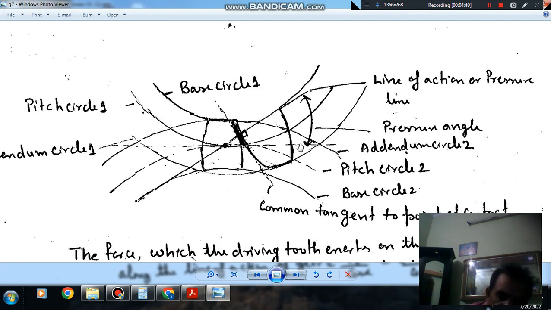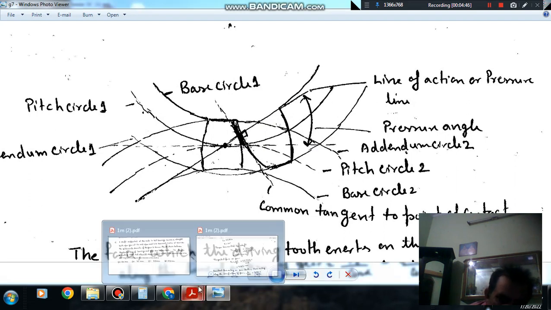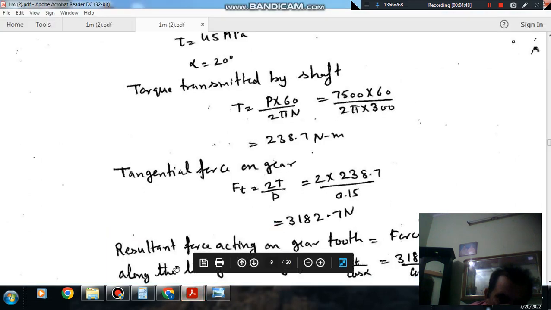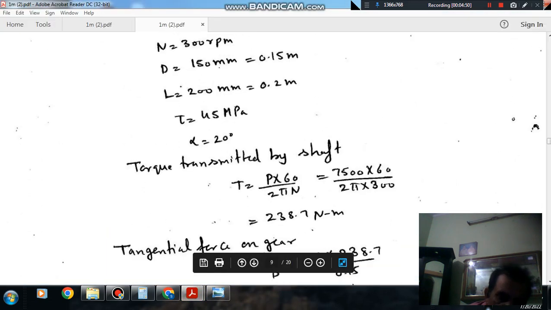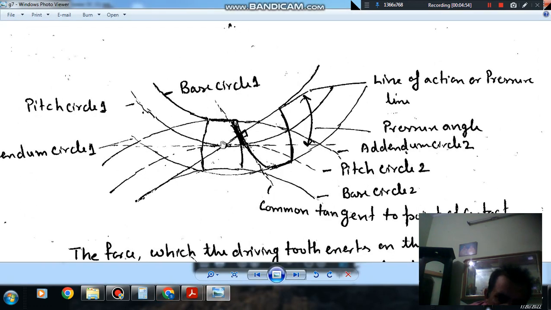Now we have Ft and we have the pressure angle. From Ft and from the pressure angle, we can find out the resultant force, or the force along this line. This is Ft, and the angle between them is 20 degrees, and this is the line of resultant force.